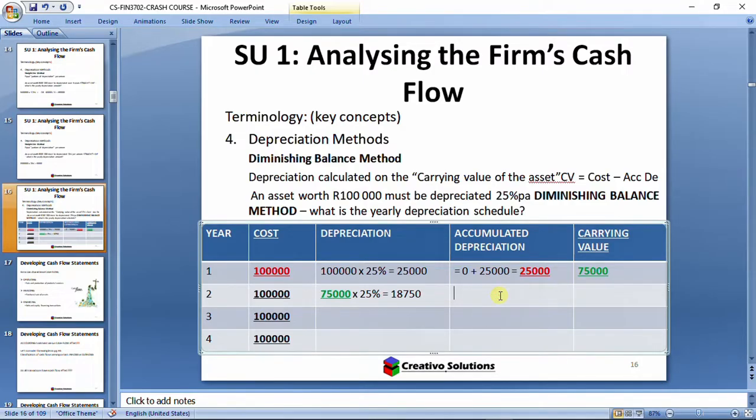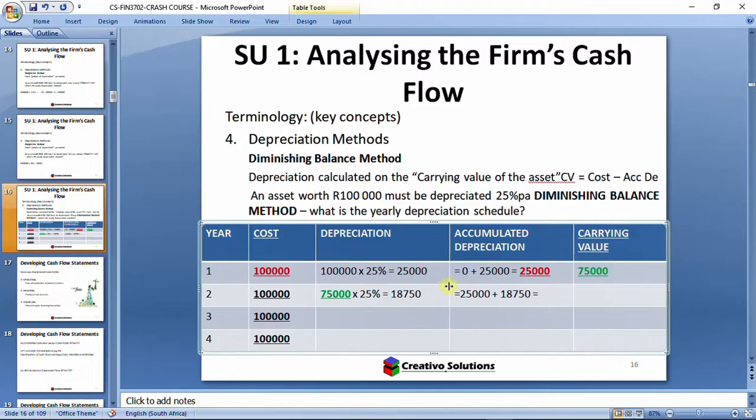Yes. Okay, accumulated depreciation in the second year, how much would that be based on our depreciation for the current year? Remember, we're looking at year 2. What is the accumulated depreciation in year 2? 25,000 plus 18,750. Nice.